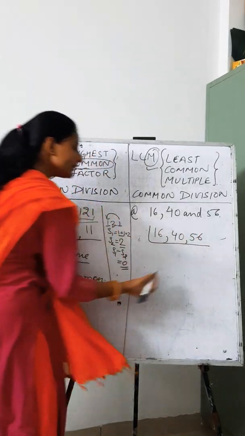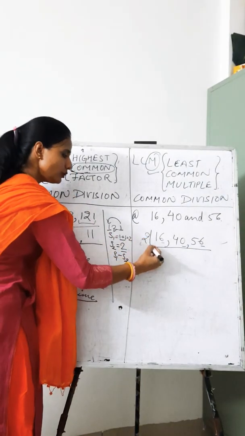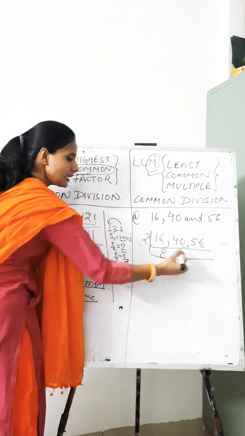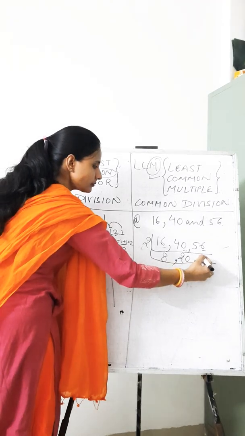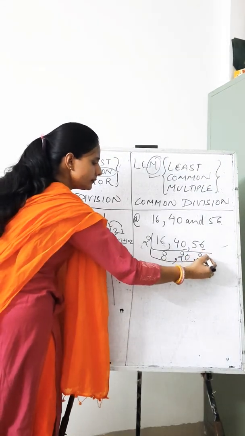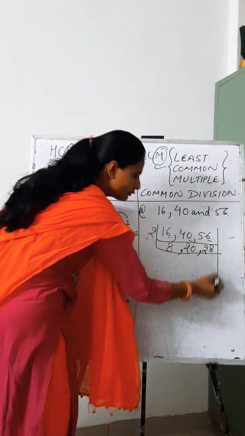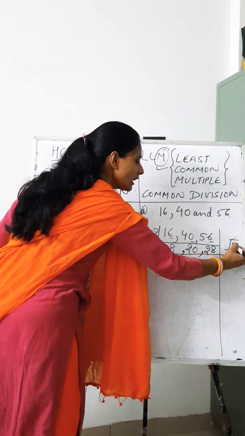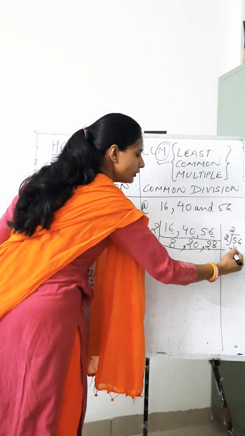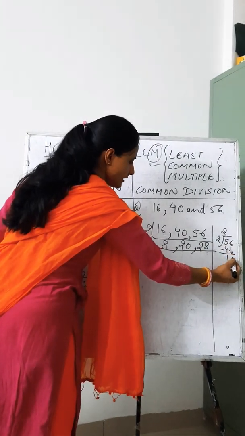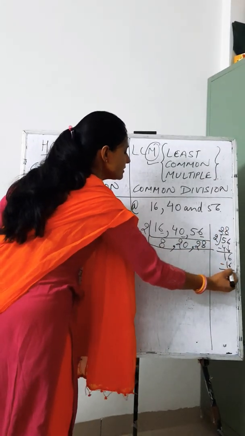As I can see that there is an even number at its ones place, it will go with 2. 2 8s are 16, 2 20 times is 40, and 2 2s are 4, and 2 28s are 56. For 60 you can't solve it in this way, so you have to use your rough page and divide in this way. 2 30s are 60.